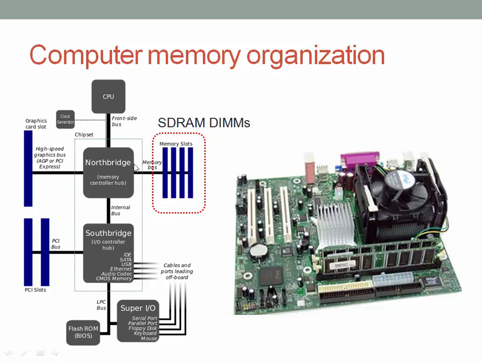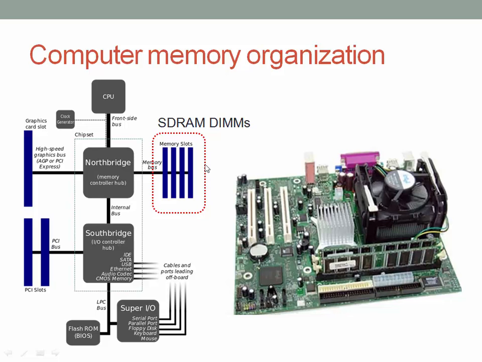And the north bridge usually handles all the high speed interfaces such as the RAM interface and the graphics interface. The south bridge, also called the I/O hub controller, interfaces all the low speed interfaces such as USB, SATA, and Ethernet, and such things.